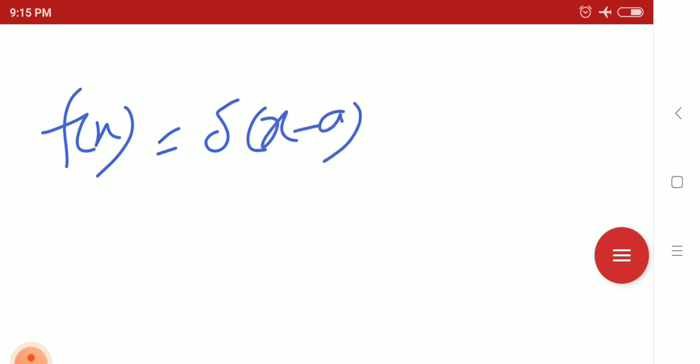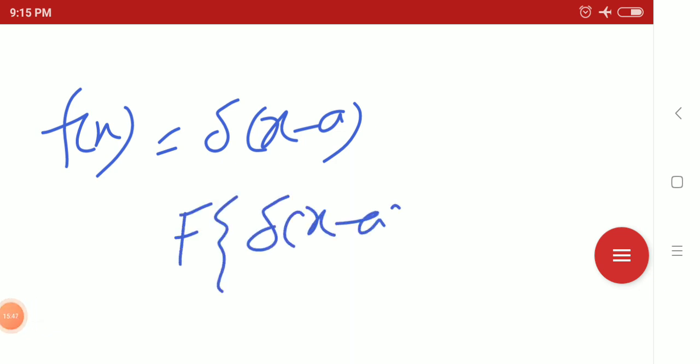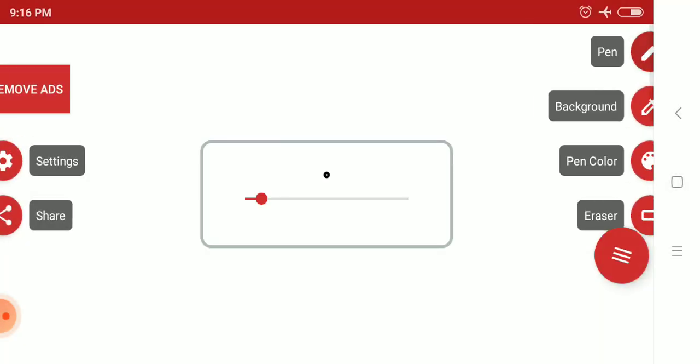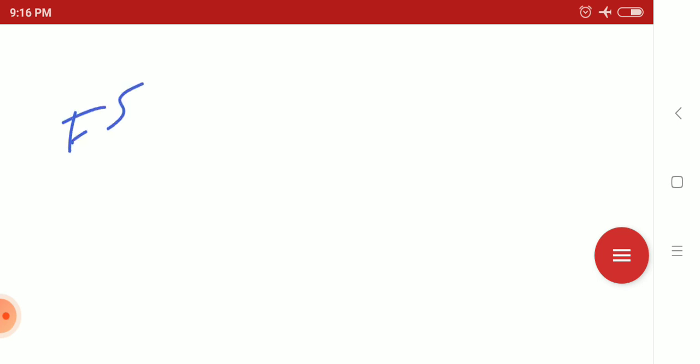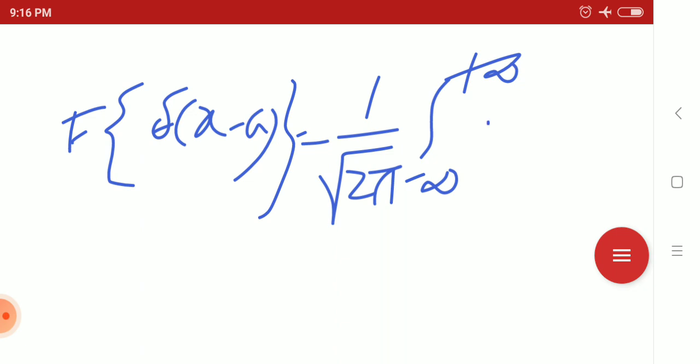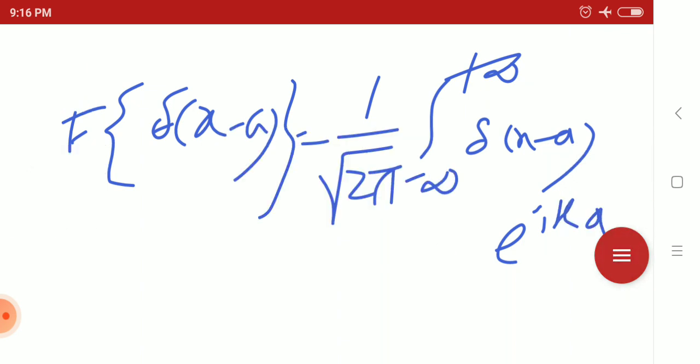So suppose you have a function delta of x minus a, and now you are doing the Fourier transformation of it. What will you get? It will give 1 by root 2 pi, integration minus infinity to plus infinity, delta of x minus a, e to the power iota kx dx.